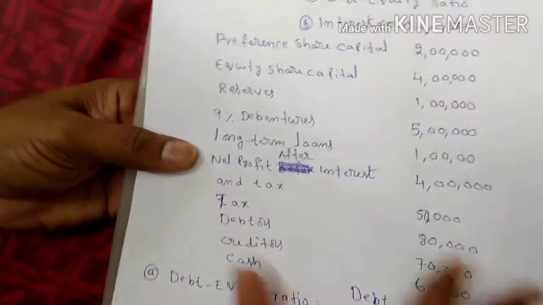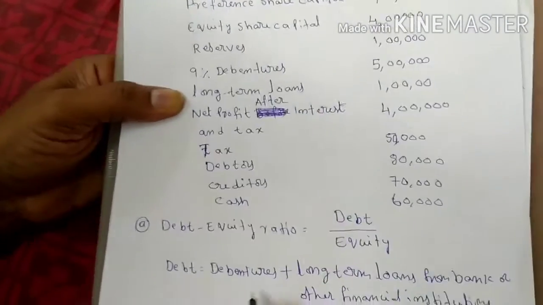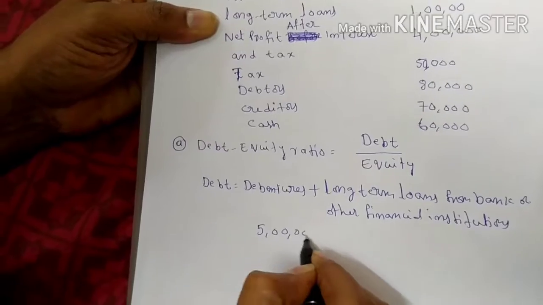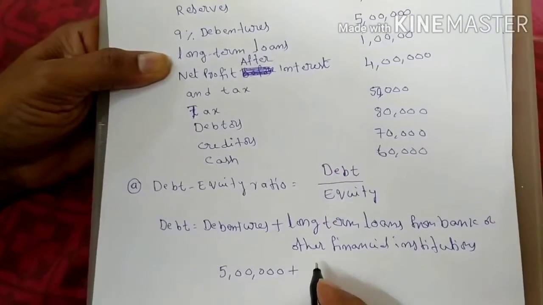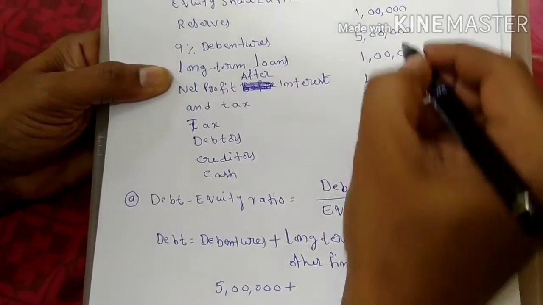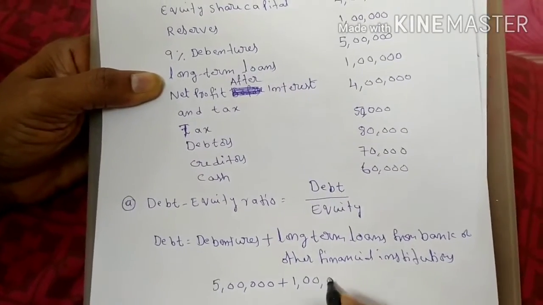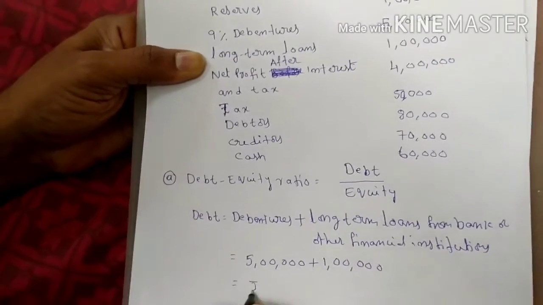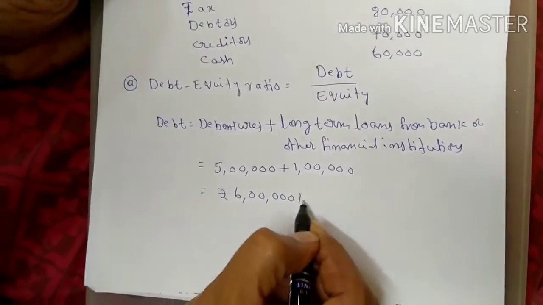Here you can see the debenture amount is 5 lakh rupees plus long term loans 1 lakh rupees, that is equal to 6 lakh rupees.